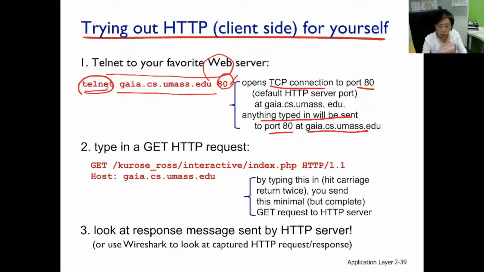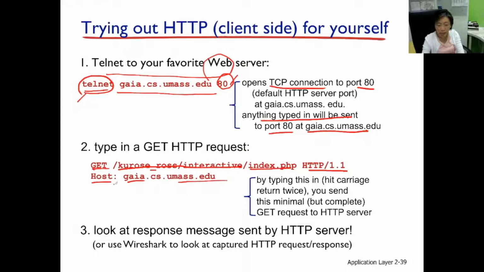Now, once we telnet to the web server, we'll type up some things. Okay, let's try typing this. GET, with the path name and file name as the argument for the GET command, and then the version of the web browser. So we'll be pretending that the telnet here is an HTTP 1.1 client, and Host: gaia.cs.umass.edu.